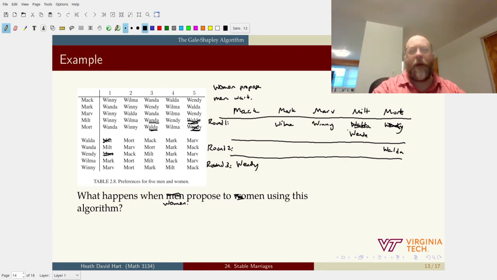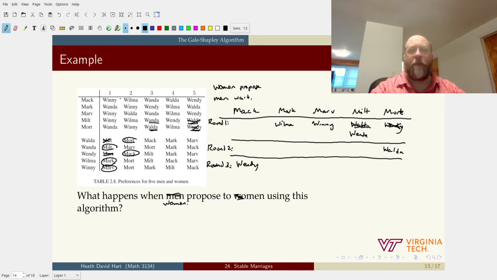And now nobody has a choice to make. And so everybody will take their choices. So Wendy gets Mac. Wilma gets Mark. Winnie gets Marv. Milt gets Wanda, and Mort gets Walda.